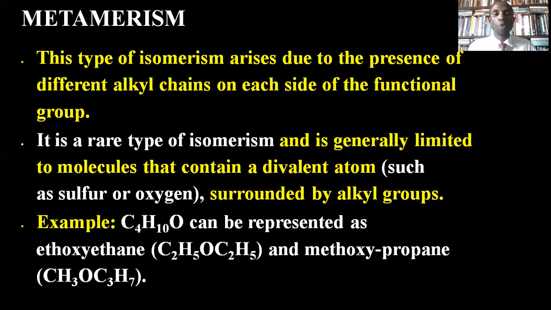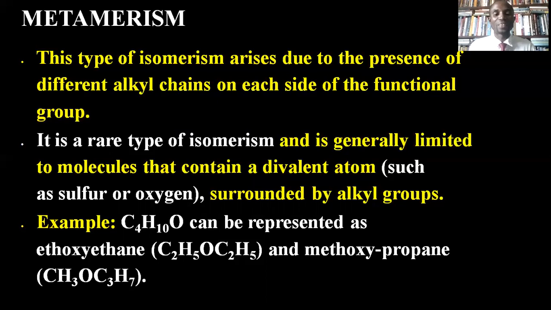The next one has to do with metamerism. However, this one is a rare type of isomerism because it's limited to a particular type of formula that can exhibit it. This type of isomerism arises due to the presence of different alkyl chains on each side of the functional group. It is rare, as I said before, and is generally limited to molecules that contain divalent atoms.